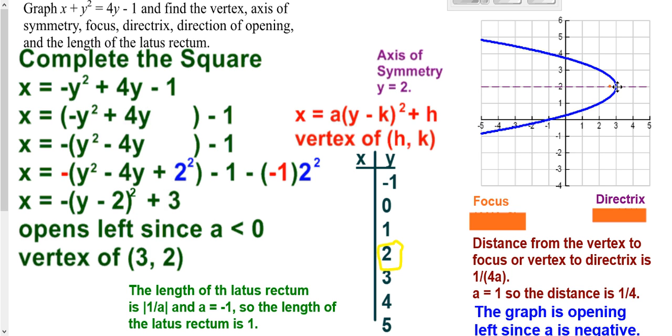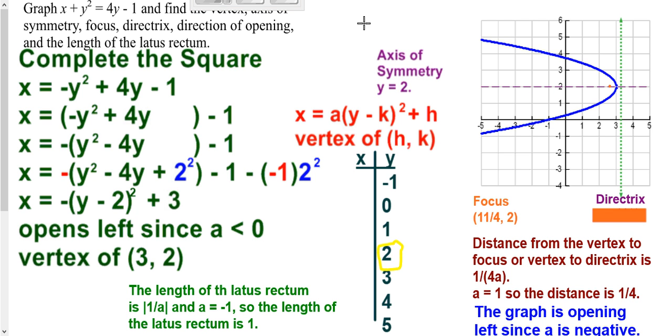So our vertex, once again, was 3, comma 2. If we go 1/4 of a unit to the left, that only affects the x. So we go 3 minus a fourth, and we get 11/4. We didn't change the up and down, so our y value is still the same. Now, our directrix is also 1/4 away, but in the opposite direction. We go 1/4 to the left to get the focus, so we go 1/4 to the right for the directrix. That would be a vertical line right here.